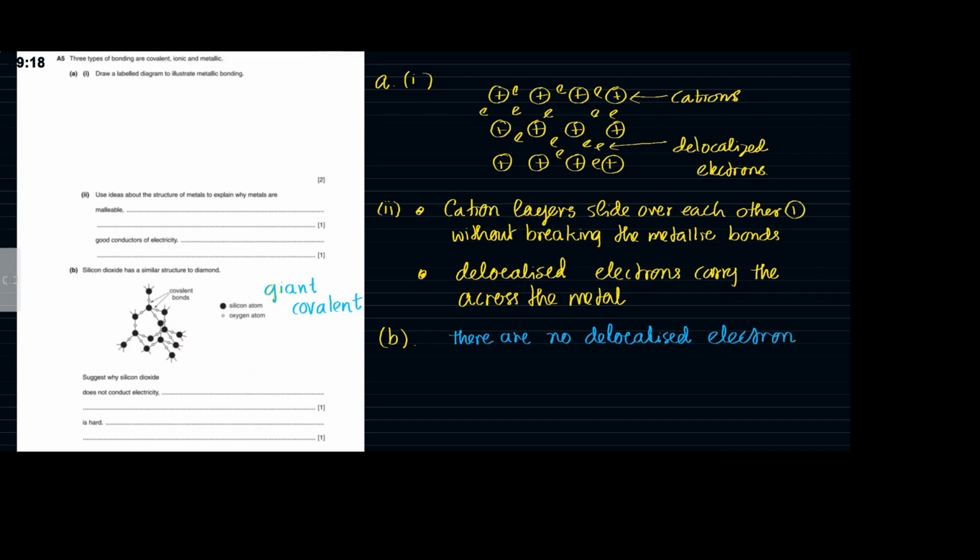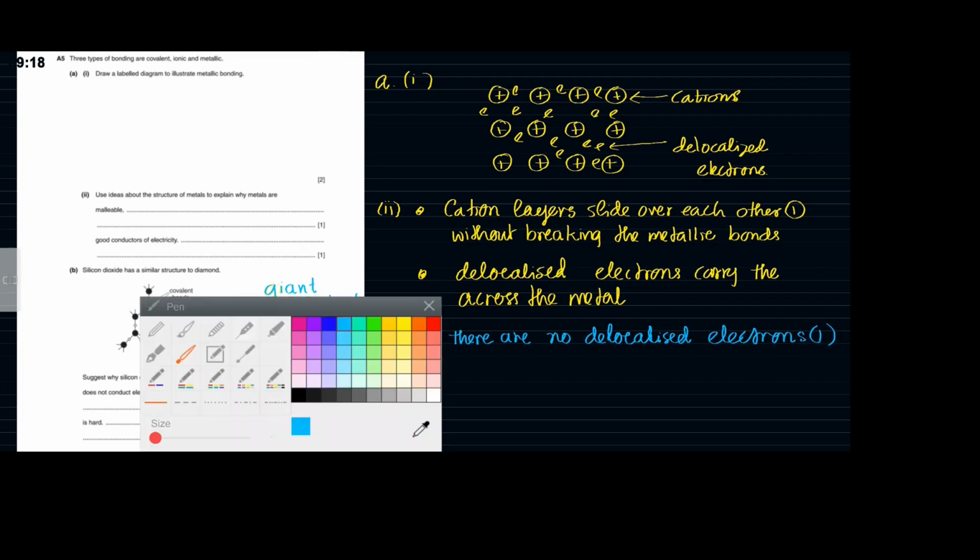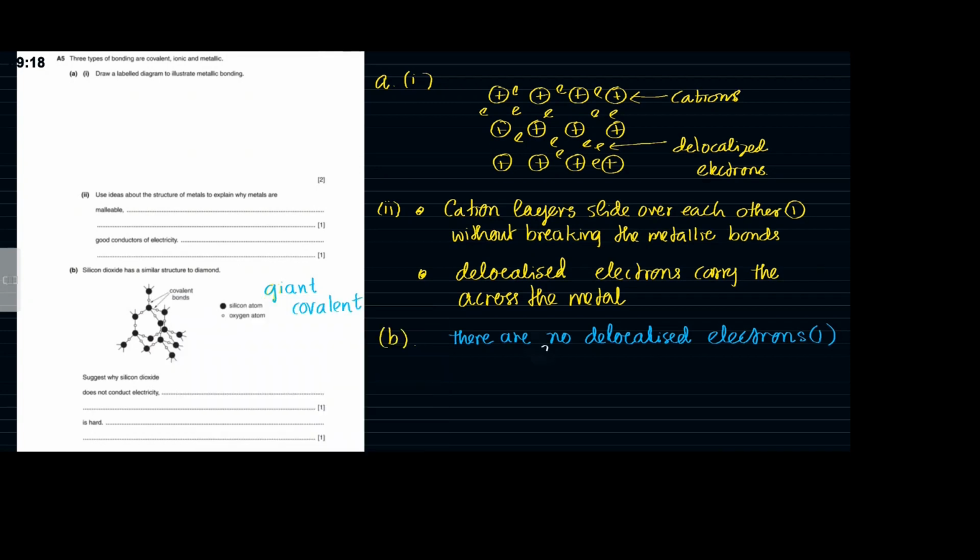But just in case, now this is for 1 mark, right? But if they ask why is that, then you can say silicon has 4 electrons in the last shell, and all of them are used in bonding.